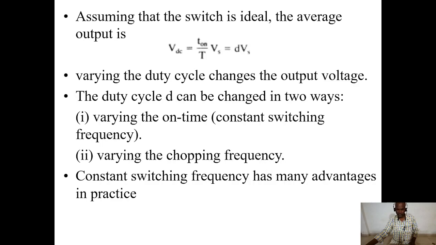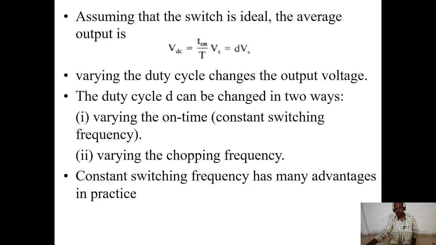Most probably this duty cycle D can be changed in two ways. The first one is varying the on time, which is simply called the constant switching frequency method. The second one is varying the chopping frequency, which is also used to vary the duty cycle.